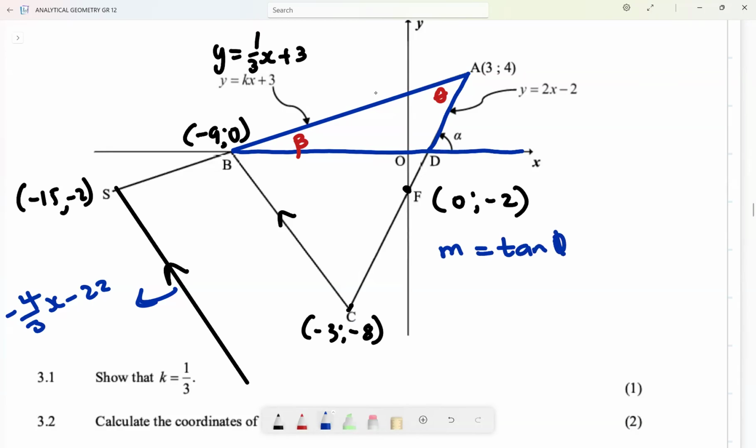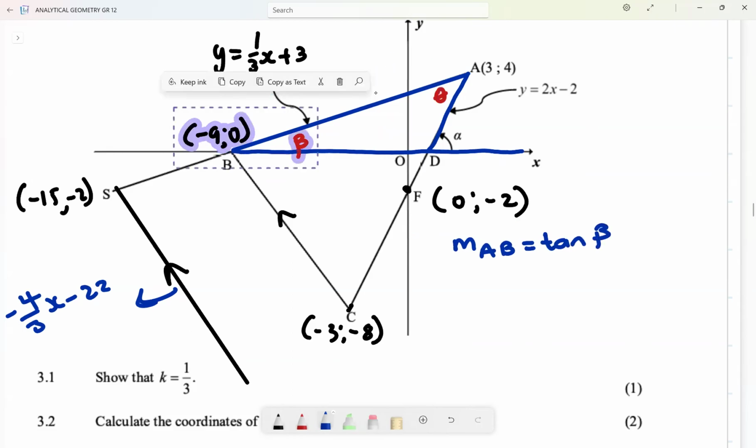I'm going to first start by using this one. The gradient of AB is equal to tan beta.